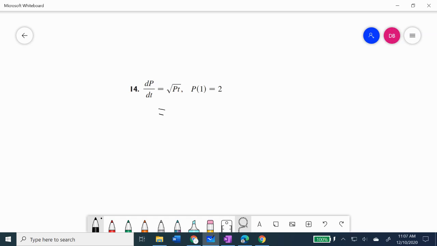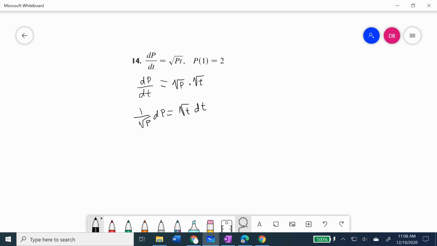I am allowed to distribute my square root over the multiplication of p and t. And now I can see them separated. I'm going to divide root p over to the dp side, and I'm going to multiply dt over to the right.